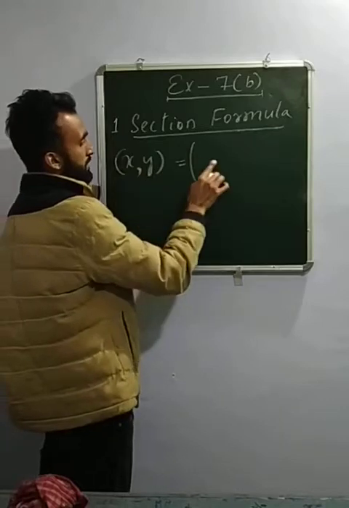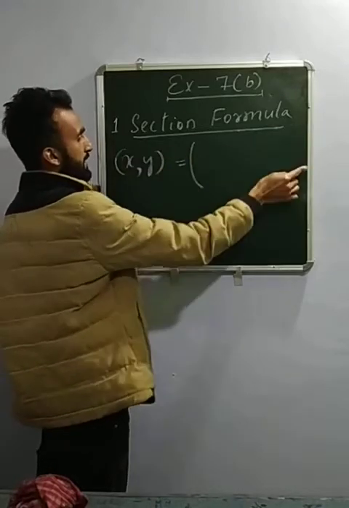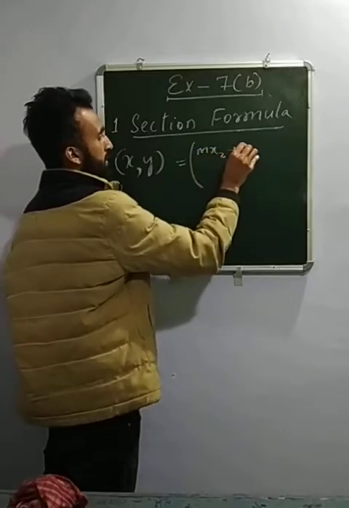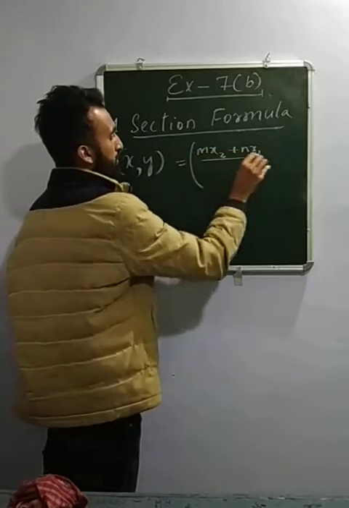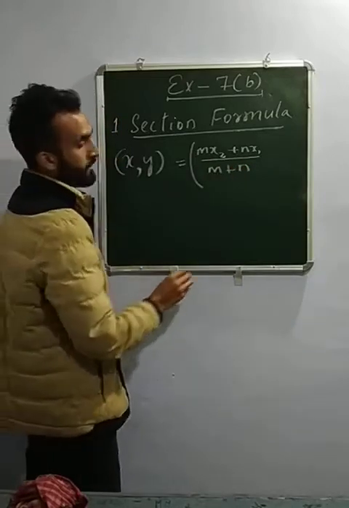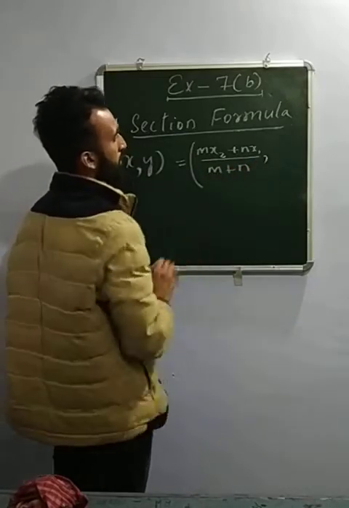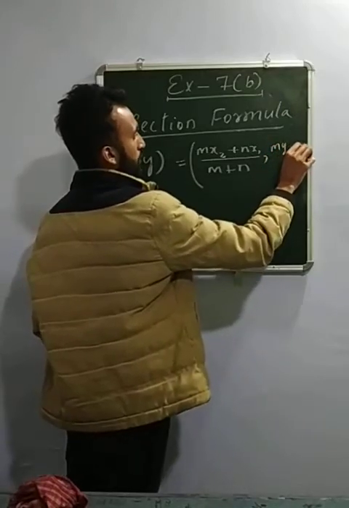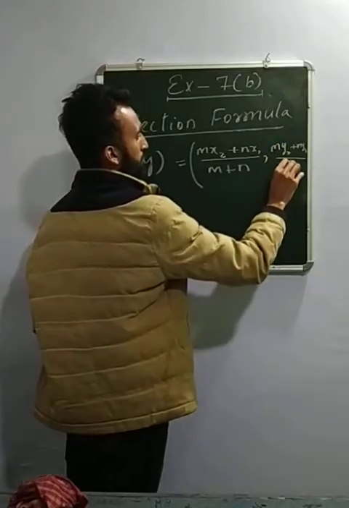The first one will be the x coordinate, the second one will be the y coordinate. (m x2 plus n x1) divided by (m plus n), comma, (m y2 plus n y1) divided by (m plus n).